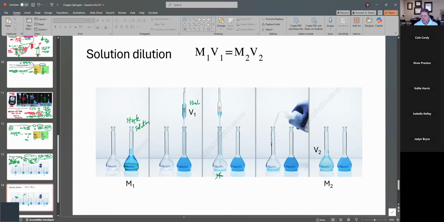Then what we're going to do is we're going to add H2O to that new volumetric flask, and we're going to add it to a total volume of 100 milliliters. So if this M1 is our 10x solution, or our 10x super strong solution, we took 10 milliliters out of it, added that to a total volume of 100 milliliters, then this final solution here is a 1x solution.